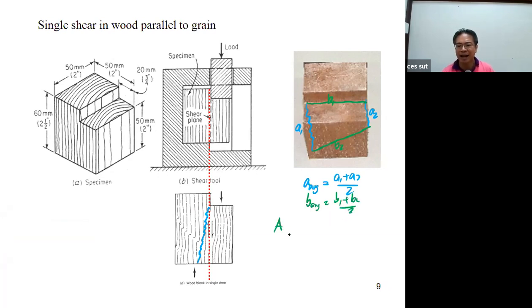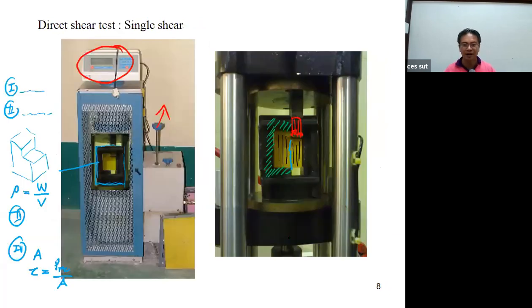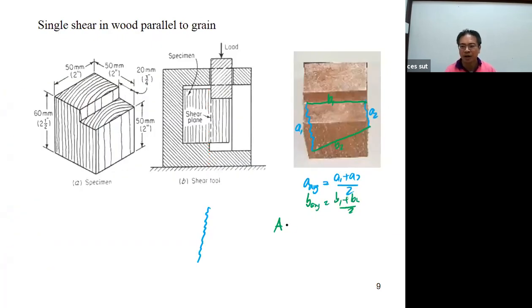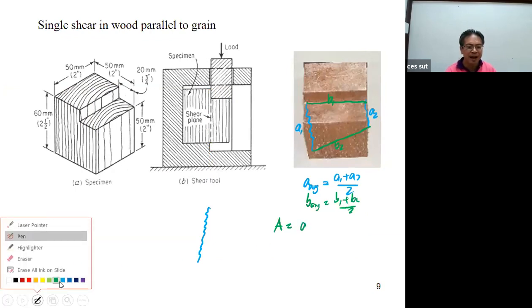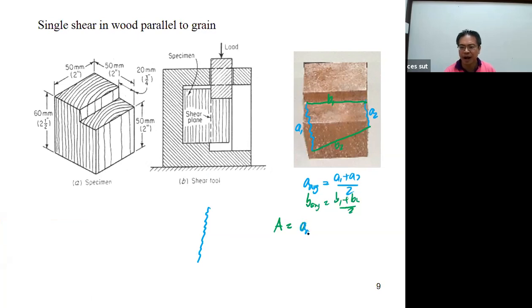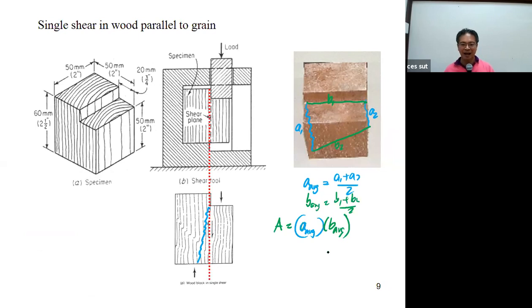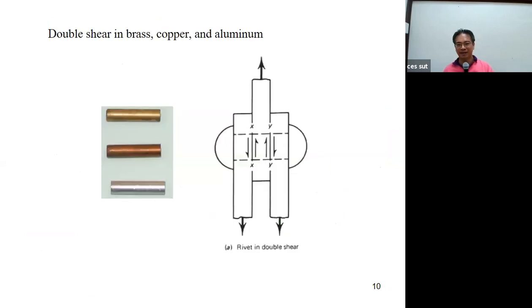And then the area that I just mentioned previously will be computed as A average, A AVG, times B AVG. Then we divide the maximum force by the area, and you can determine the ultimate shear strength.